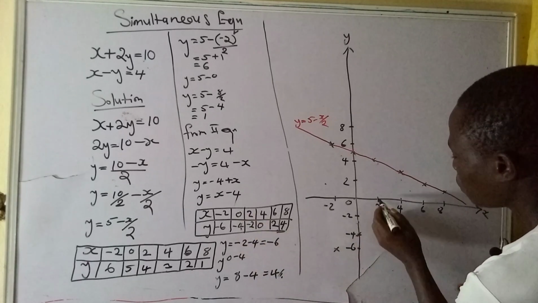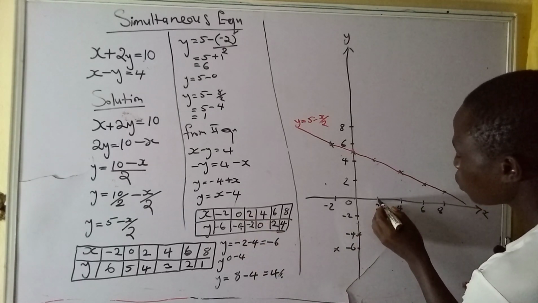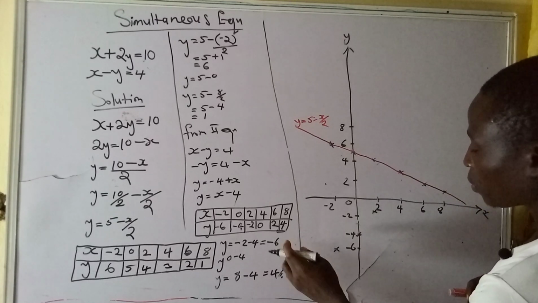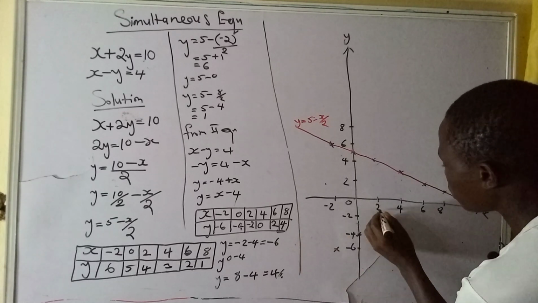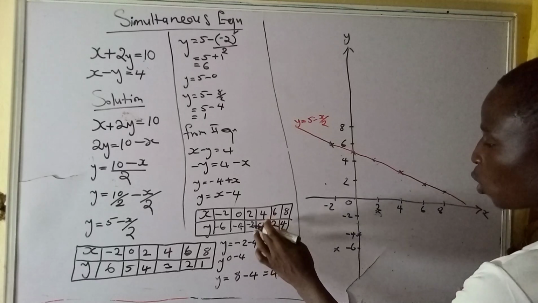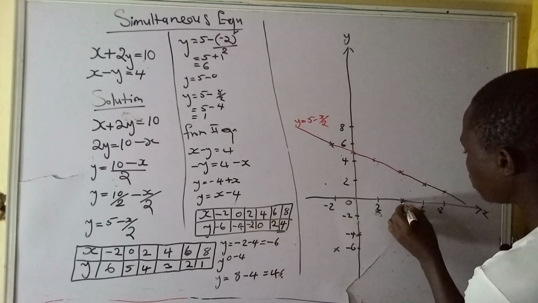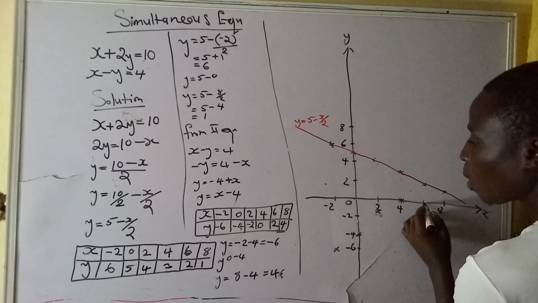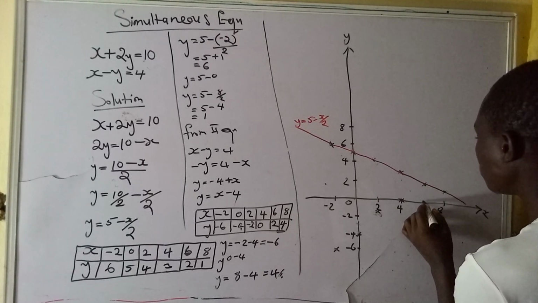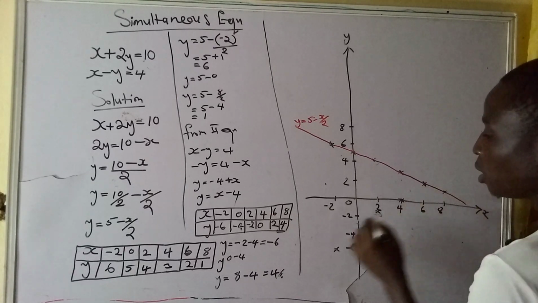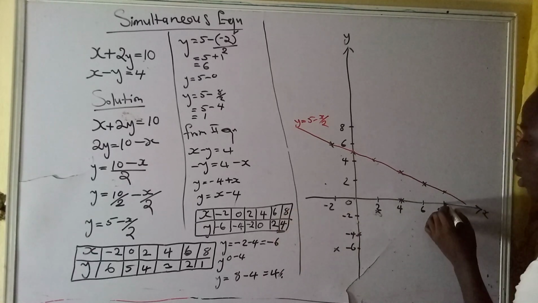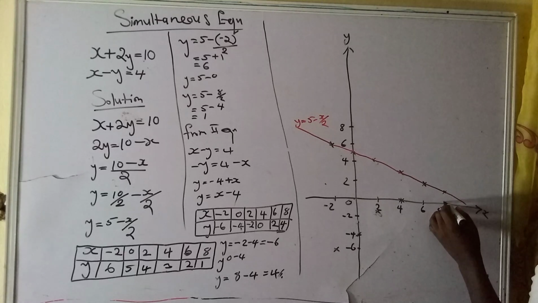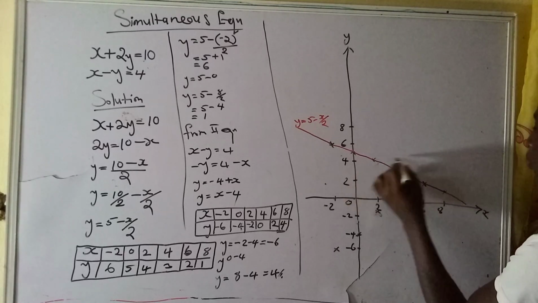When x is 2, y is minus 2. Look at it. When x is 4, y is 0. Yes. When x is 6, y is 2. Look at it here. When x is 8, y is 4.